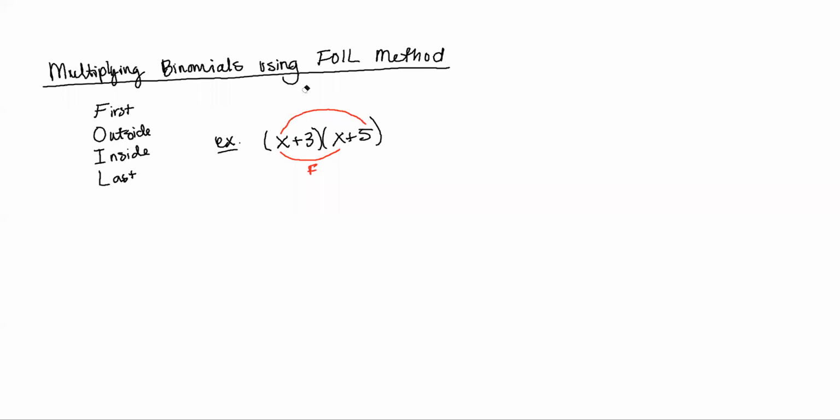So this is our outside terms. The inside terms are the ones on the inside of the two polynomials. And then the last is the last terms of each polynomial. Let's go ahead and look at a few examples of this, and then we'll take a look at some special products next section.